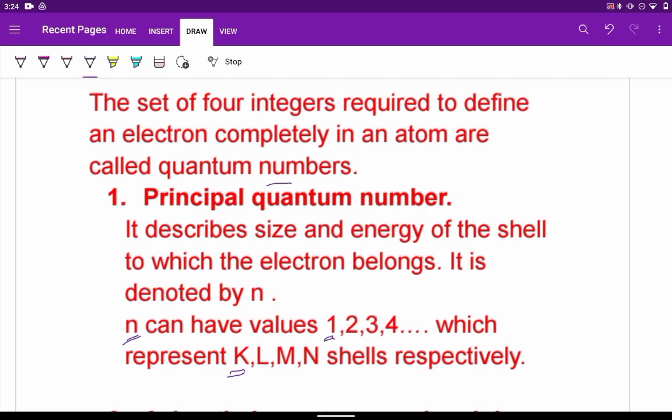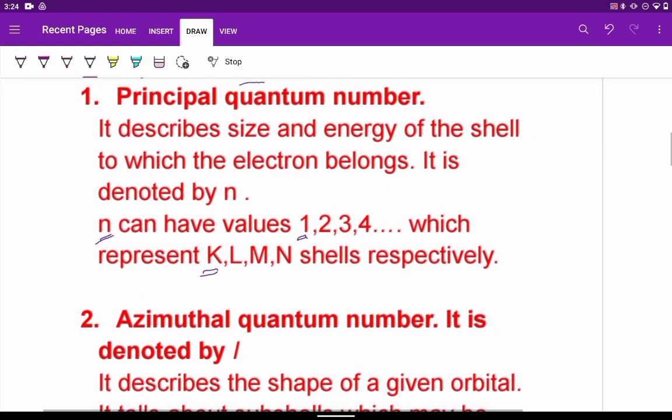One very important thing about this quantum number is that the higher the value of n, the greater is the distance of the shell from the nucleus. As the n value increases, the shell is farther away from the nucleus. Because in my previous video I have told r = n² / Z × 0.529 angstrom. So r is directly proportional to n². As n increases, the distance of the shell from the nucleus will also increase.